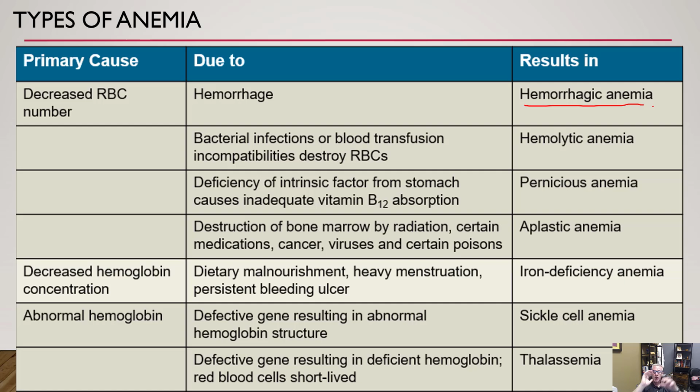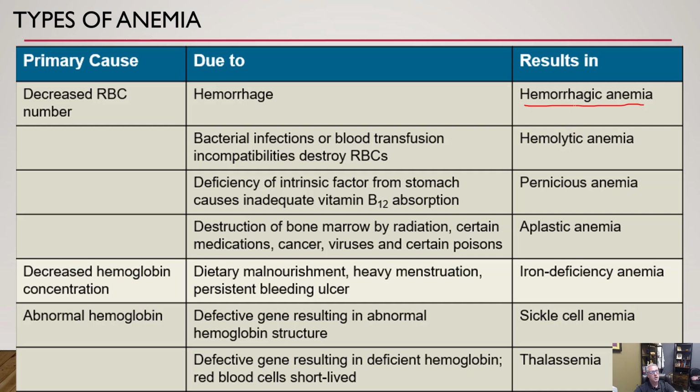Really, the true definition of anemia is a condition that decreases your oxygen carrying capacity. So anemia, oxygen carrying capacity, and typically it's going to be low red blood cell count.